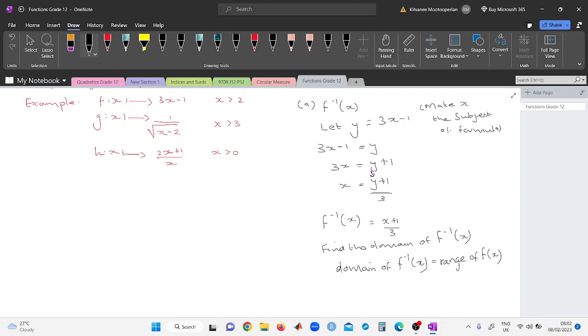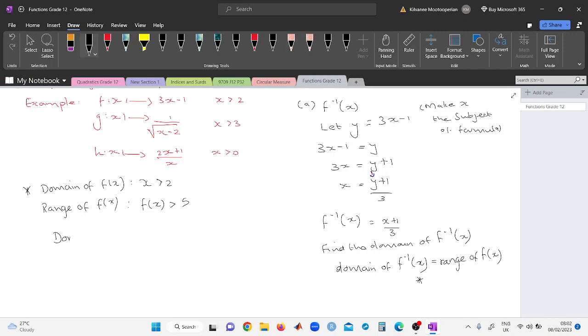If I have the domain of f of x, qu'est-ce que j'ai eu? x greater than 2, ok, so what will be the range of f of x? Greater than, donc je remplace ce 2 dedans, donc 3 fois 2, 6, retirer 1, 5. So this is the range of f of x.